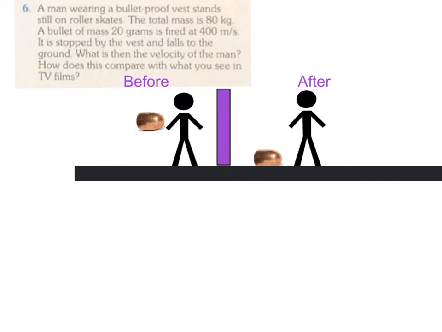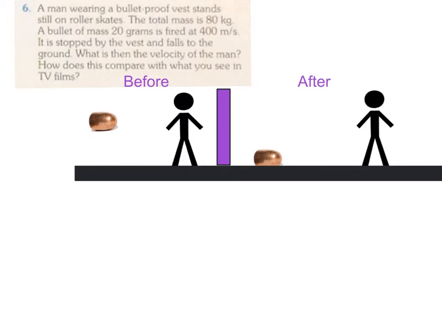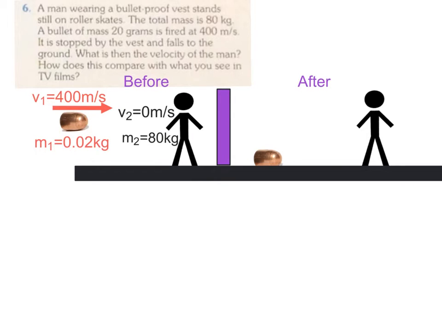So all the momentum is now in the guy and he moves off like this. So that's what we have to represent here. So we put on the mass and velocity of the bullet and the before details of the guy.